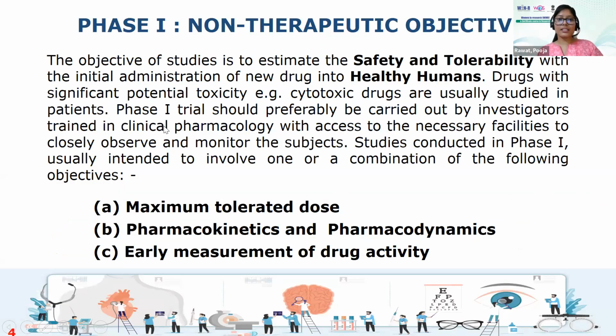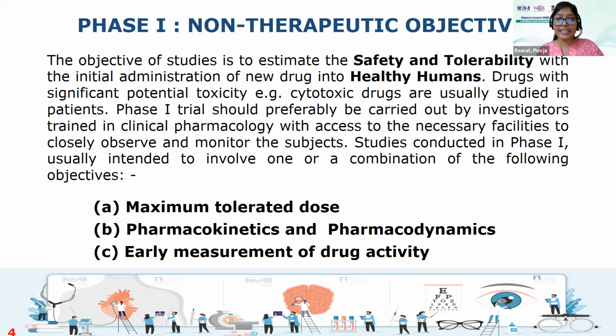Okay, this is phase 1, which is also known as the non-therapeutic phase, because here we are not bothered about whether our active ingredient, whatever the XYZ, is working or not. Why? Because this is the first phase where we are introducing our drug to humans.